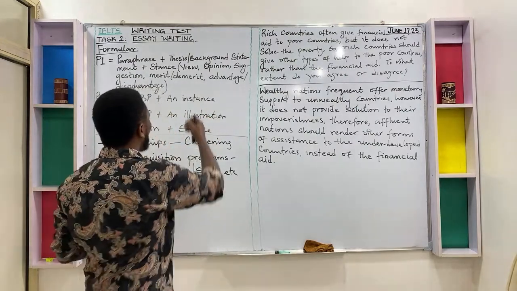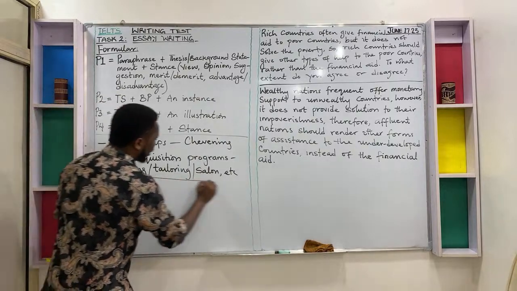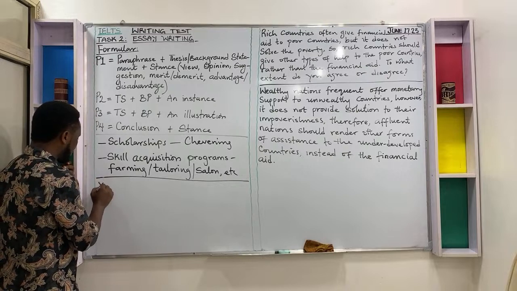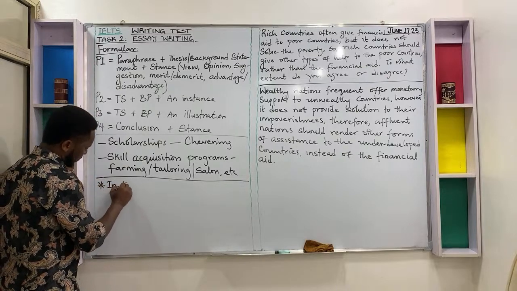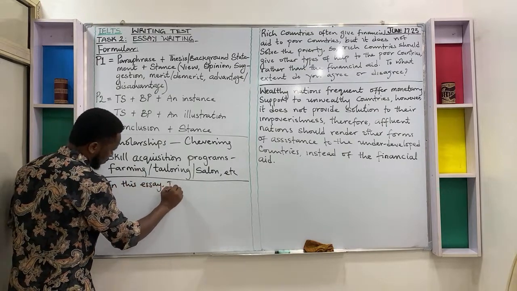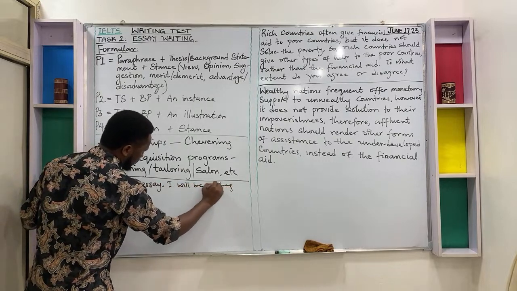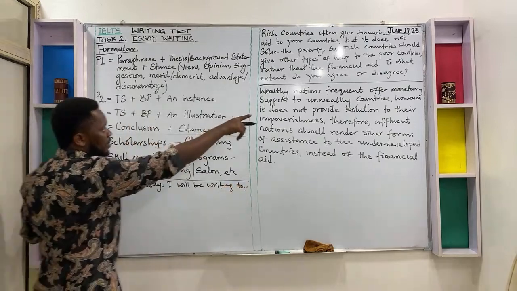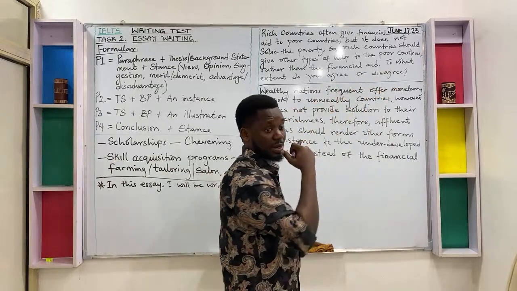At this point, you now come to make your background statement. How do you write the background statement? The background statement can be written either by way of saying, in this essay, I will be writing to whatever you be writing in consonance, whatever the instruction is, right?